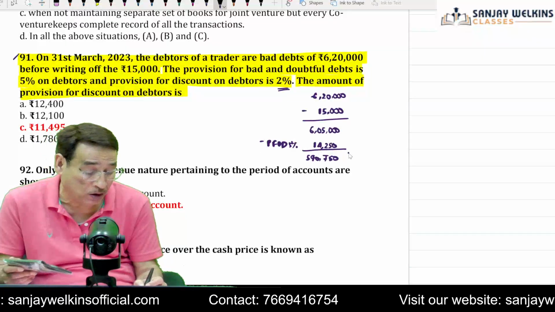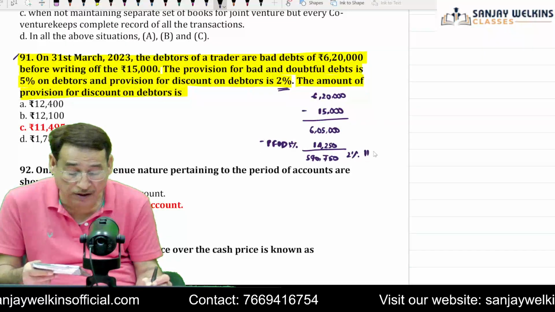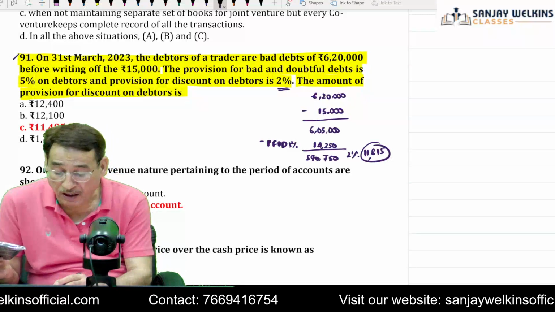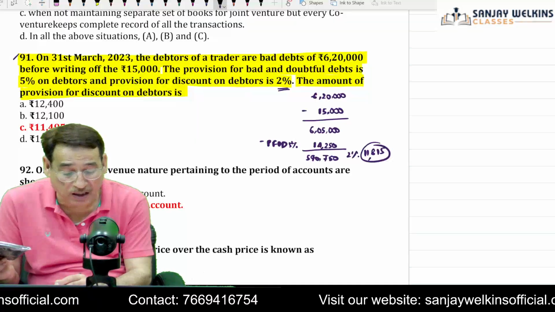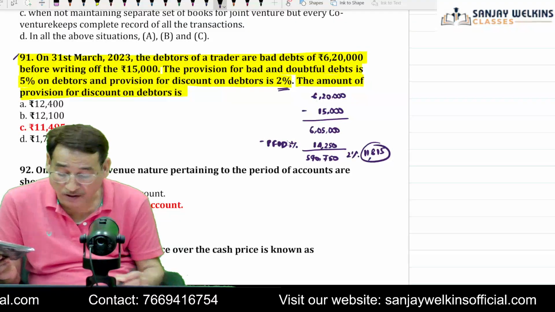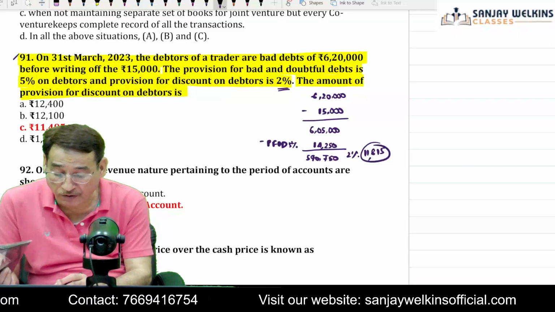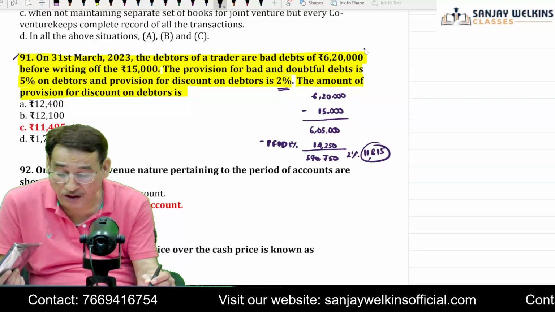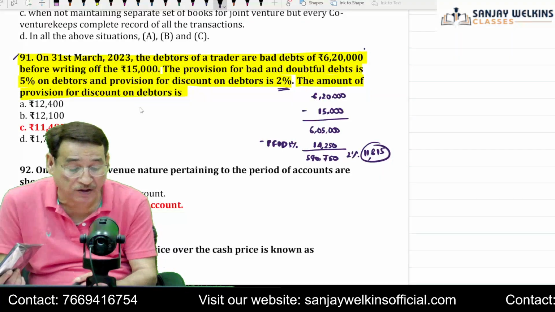That comes to 11,815. 11,815 will be your correct answer. Actually, there is some mistake in this particular question. That is why it is not coming exactly, it is coming to 11,495. Let me check it once again, because debtors are given 6,20,000 before writing off bad debts.